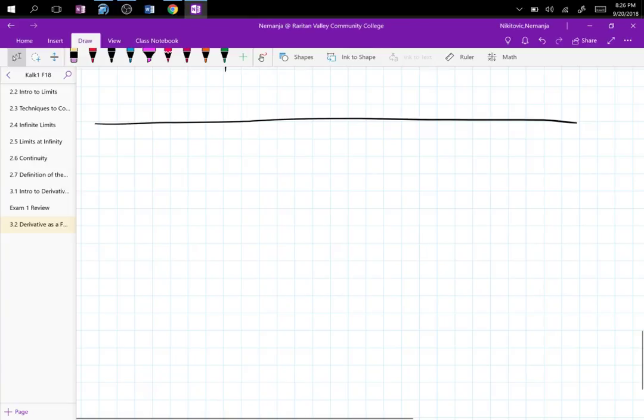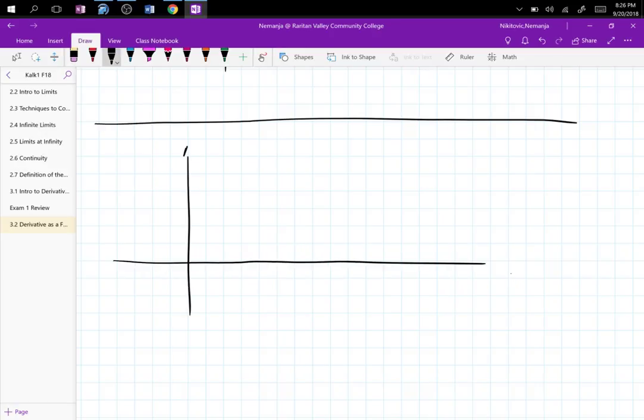So now, what else can I do? Well, let's now draw an arbitrary function. Actually, no, let's do something predictable first.